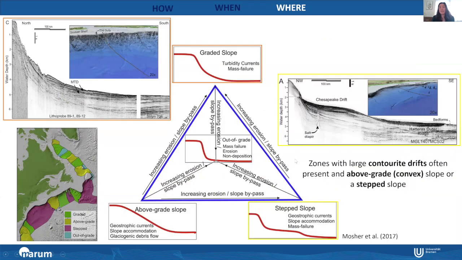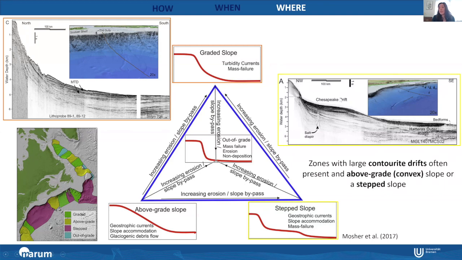And then the currents, they are going to affect also the morphology of the margin. And that's something that has been shown very nicely by Mosher and colleagues along the eastern North American slope. They found different areas with different slope morphologies. And when the slope is dominated by gravitational processes, so turbidity currents or mass failure, the slope has a graded morphology.